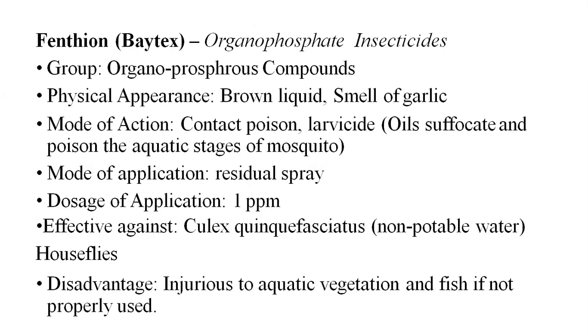Fenthion is an organophosphorus insecticide. It comes under the group of organophosphorus compounds, and its physical appearance is brown liquid with a smell of garlic. Its mode of action: contact poison. It is a larvicide, and the oil suffocates and poisons the aquatic stages of mosquitoes. Its mode of application: residual spray. Dosage of application: 1 ppm.